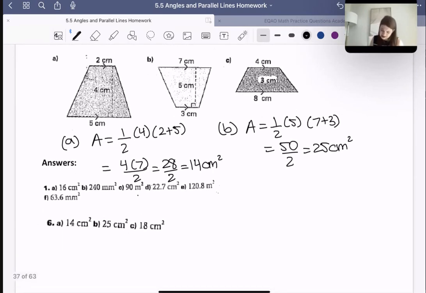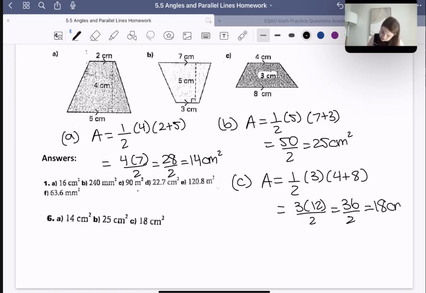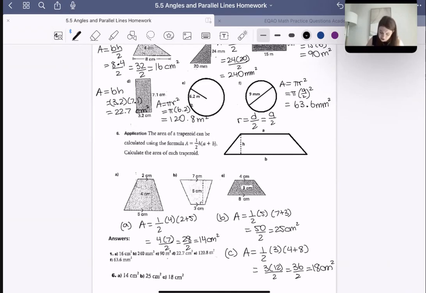Then we have c, which is that the area is 1/2 times the height, which is 3, times 4 plus 8, which let's see what that is. That's going to be 3 times 12 over 2, which is 36 over 2, which is going to be 18 centimeters squared. Awesome. All right, well, that is it for today's quick review regarding the area of different shapes.